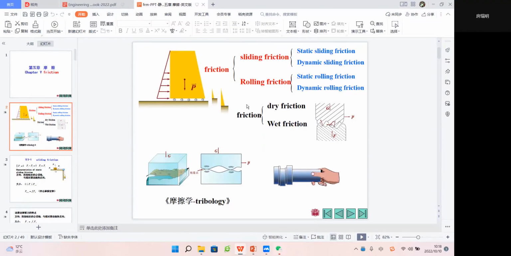We also have another classification, which is dry friction and wet friction. This is actually a very difficult science branch. We have a terminology called tribology, which we Chinese call 摩擦学.